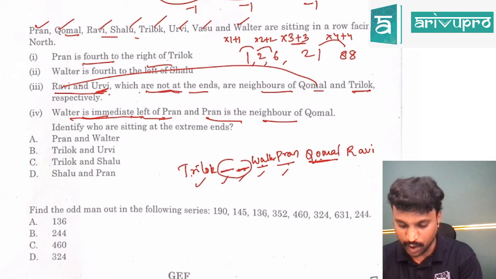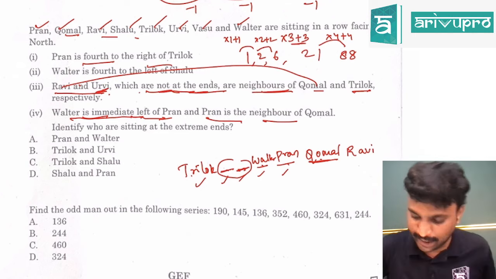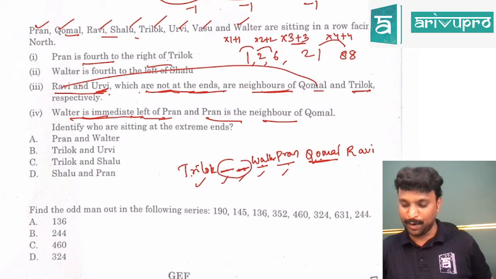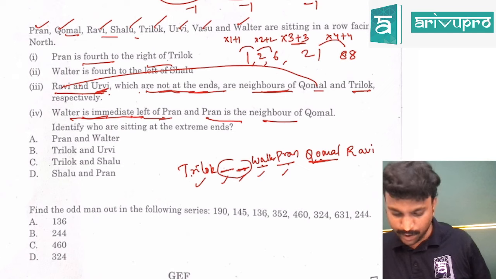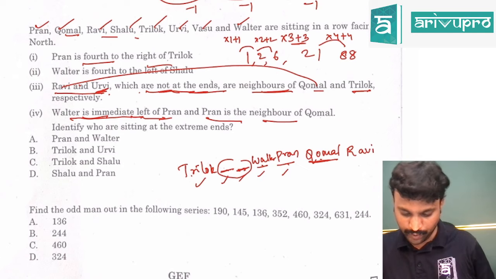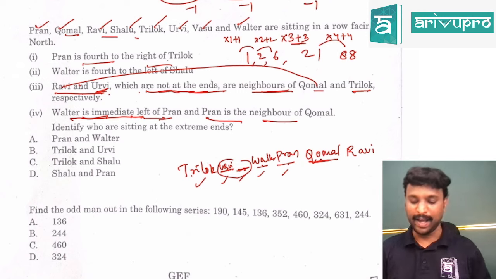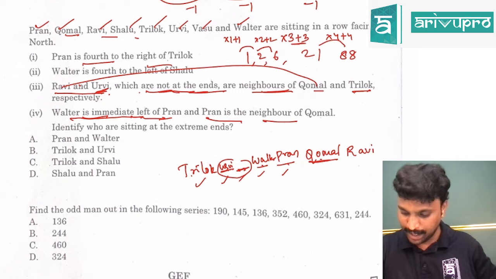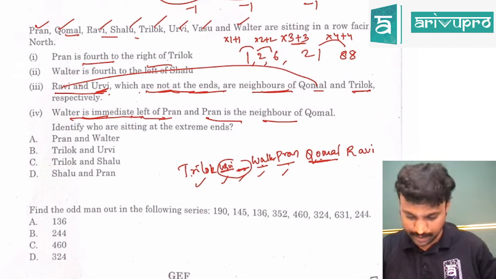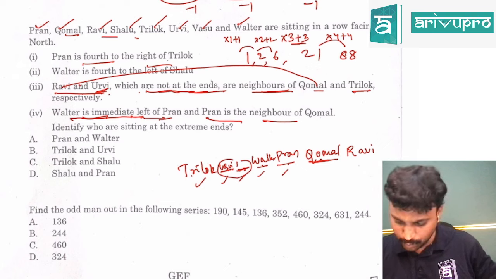Ravi and Urvi, which are not at the ends, are neighbors of Komal and Trilok respectively. So Ravi is a neighbor of Komal and neighbor of Trilok is Urvi. So Urvi is gonna be seated here. Why? Because 2 of them who are sitting together are whom?